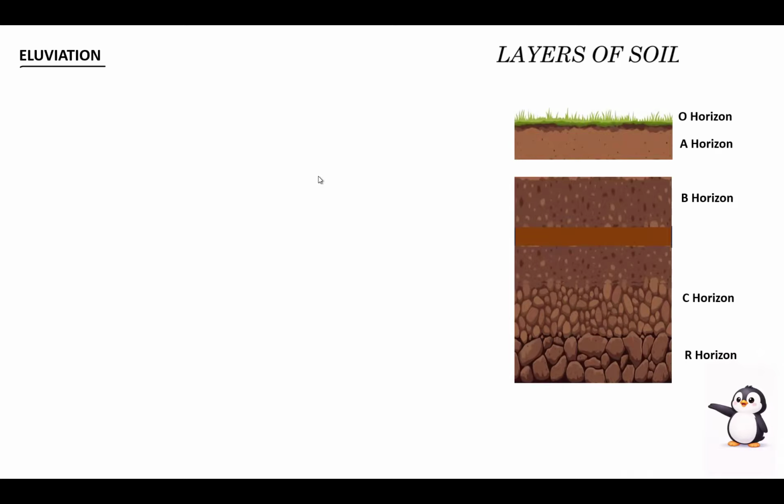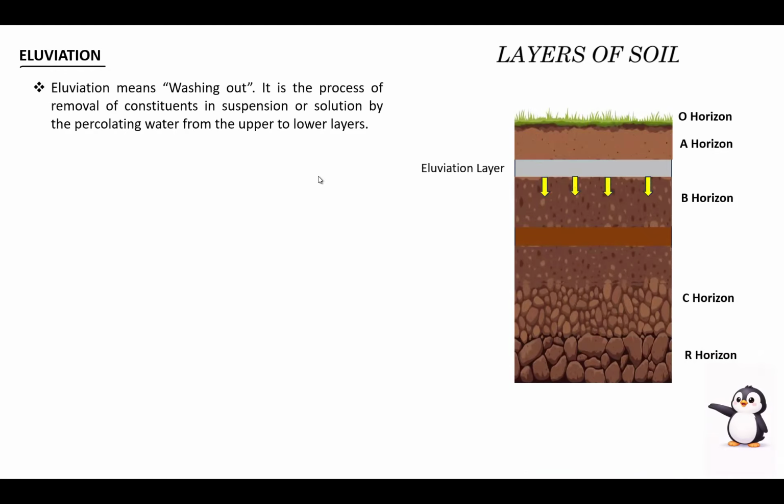Now let us discuss how the E horizon will be developed. This is your eluviation layer. What does this layer mean? Eluviation means washout. Whatever the particles are here, the clay particles or whatever is formed after weathering, will be washed out.